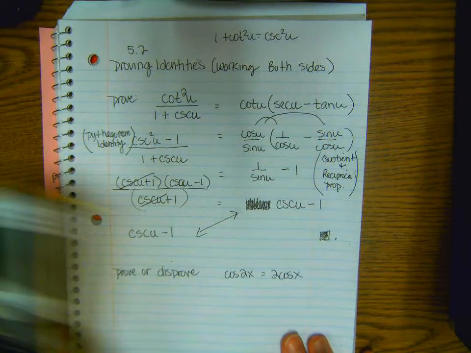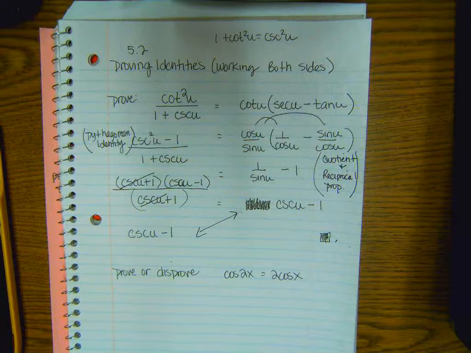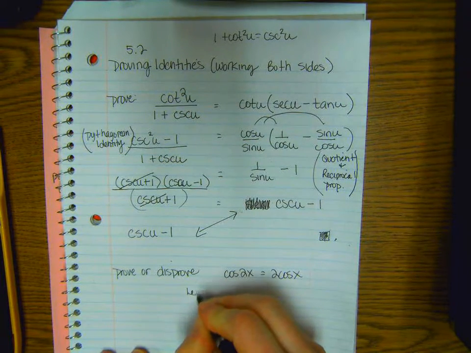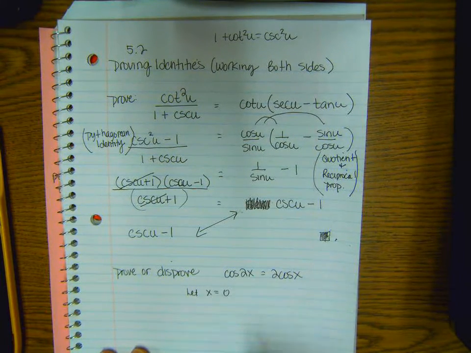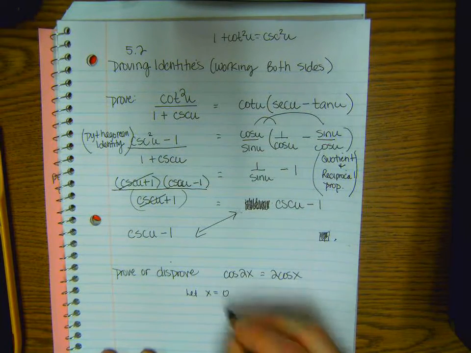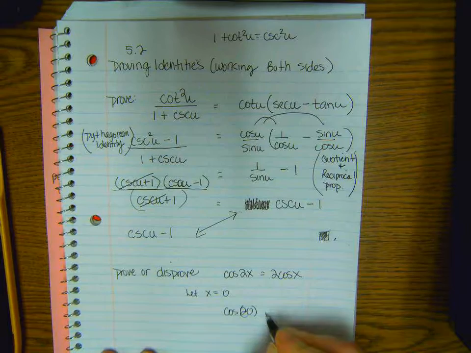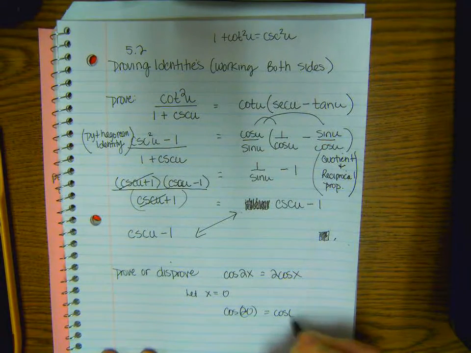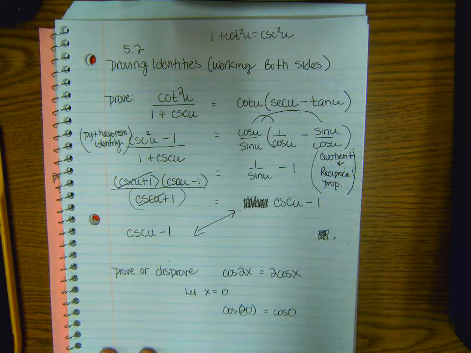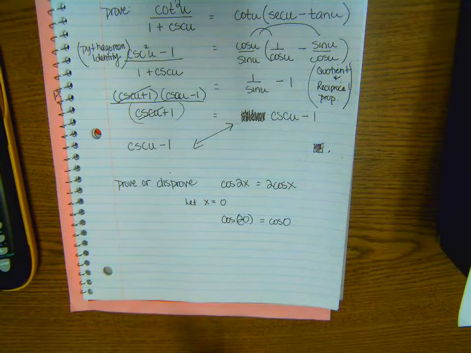Sure. So we're going to say let x equal 0. The cosine of 2 times 0 is equal to the cosine of 0. What's the cosine at 0? Unit circle, guys. What's the cosine?